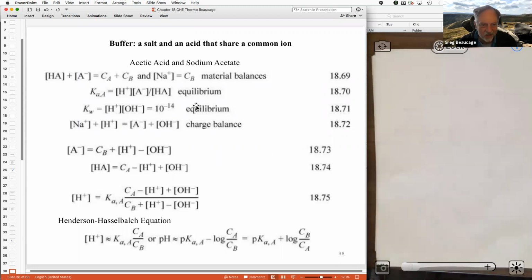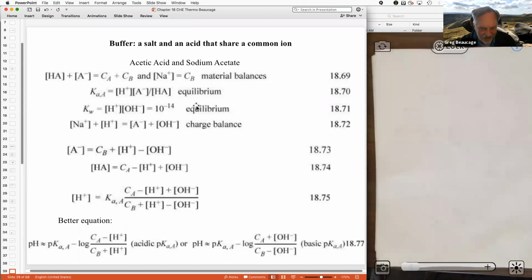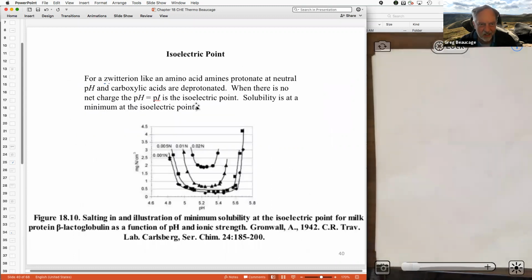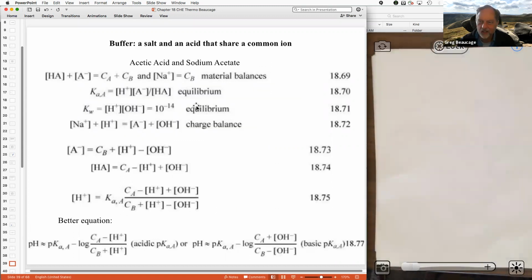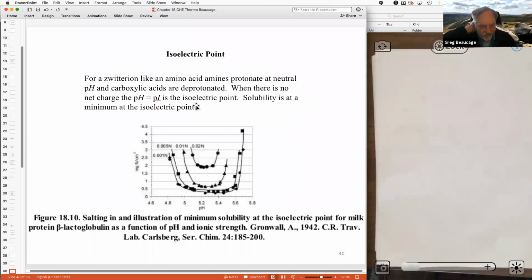This chapter is like half biology, which I kind of want to just skip over because it doesn't really involve industrial chemical engineering, right? But you can look at it. It's the same topics, just more biological aspects of it.